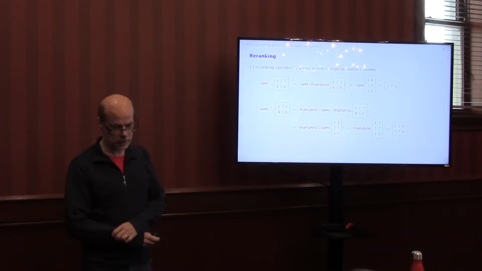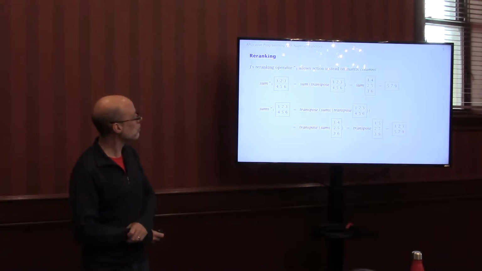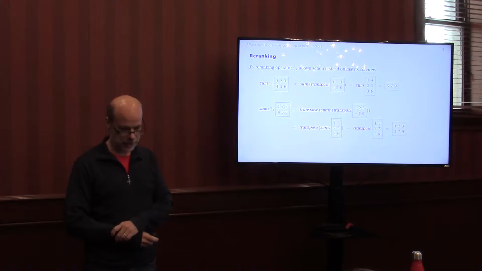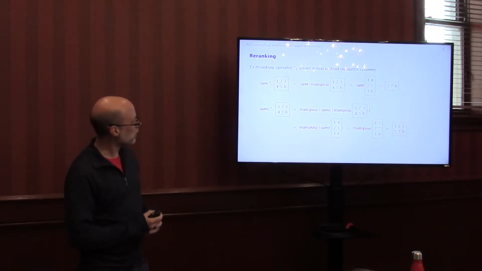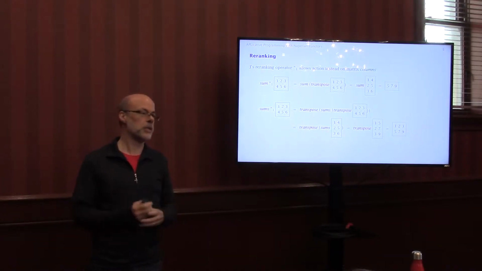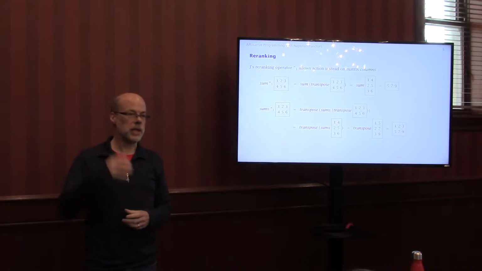APL's successor language, J, also had a re-ranking operator. One of the things APL is also famous for is its bonkers notation. So this re-ranking is written with a double quote subscript 1, apparently, in J. But the idea is to take a row-wise operator, like sum or sums, and make it a column-wise one instead.